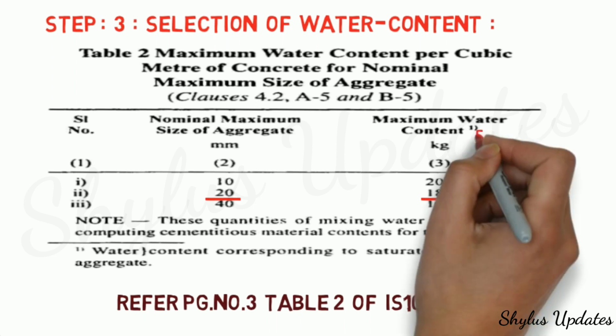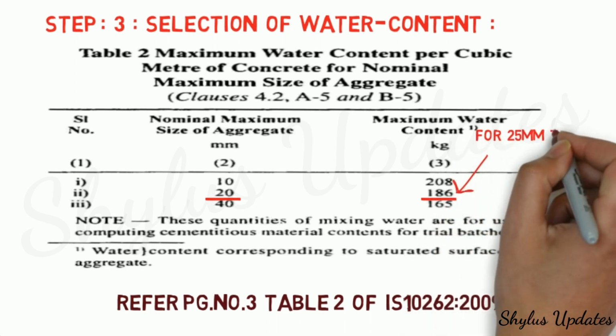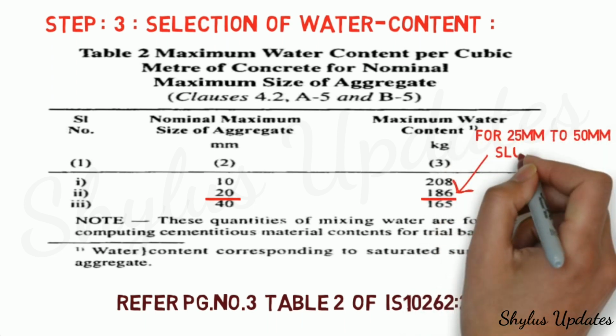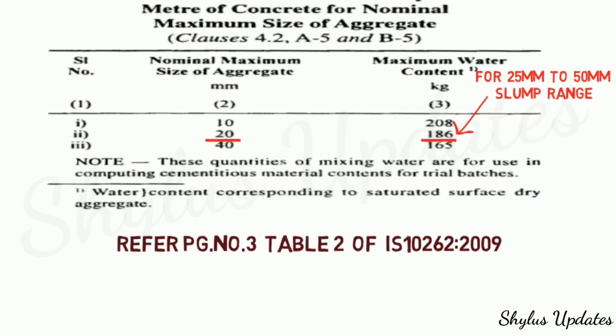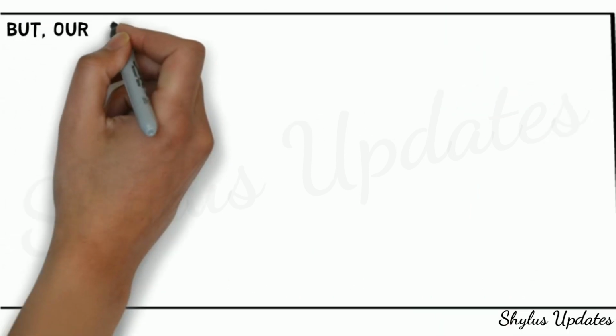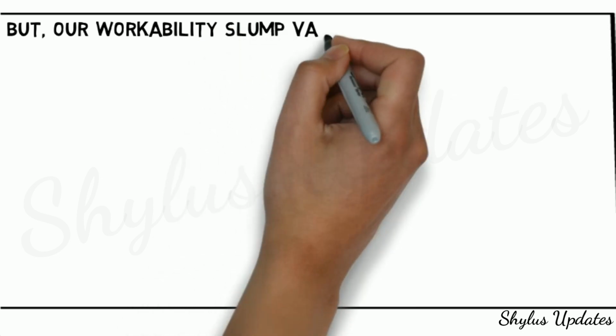But this 186 liter is for only 25 mm to 50 mm slump range. But our workability slump value is 100 mm.